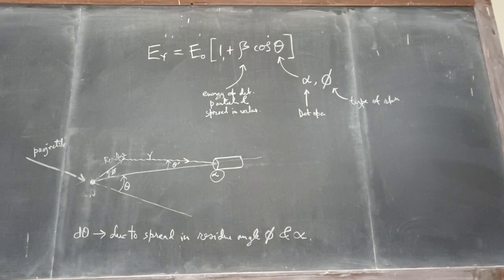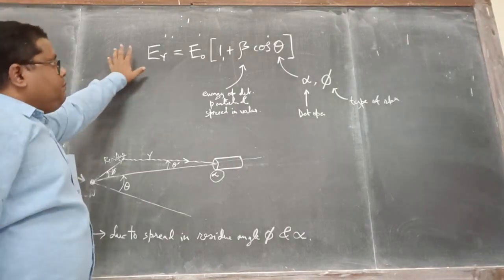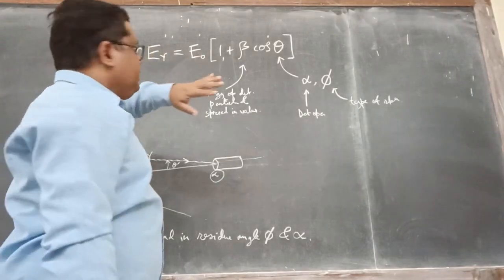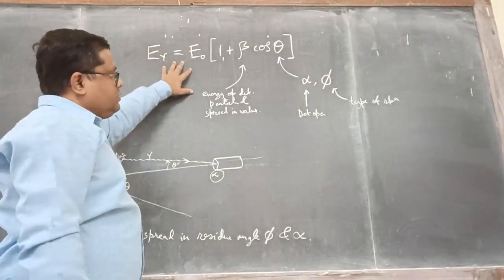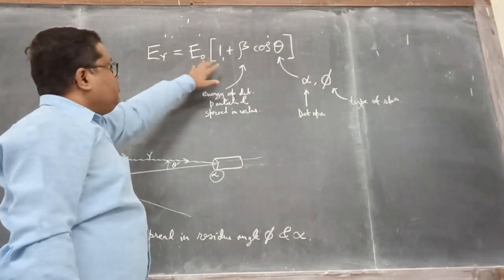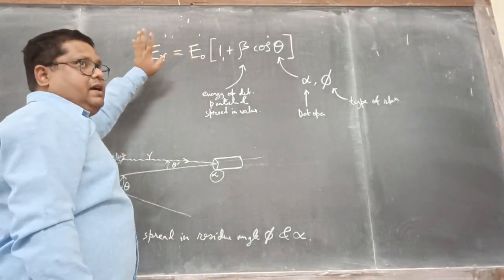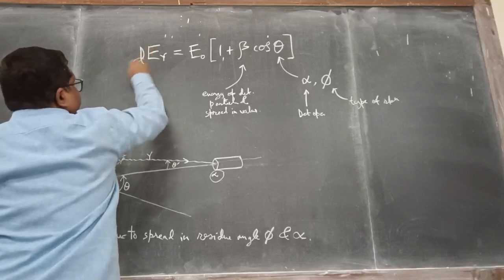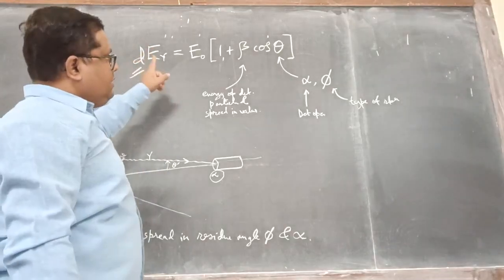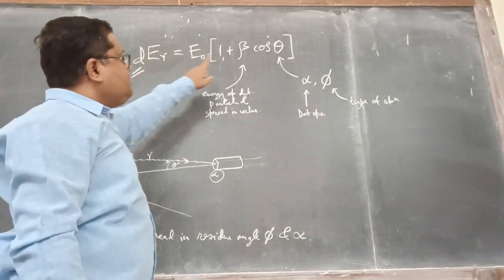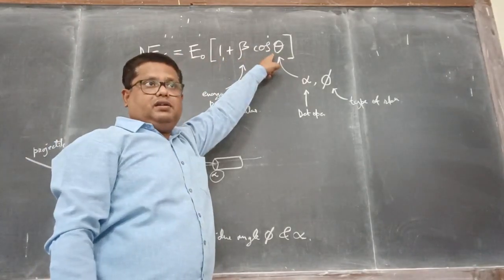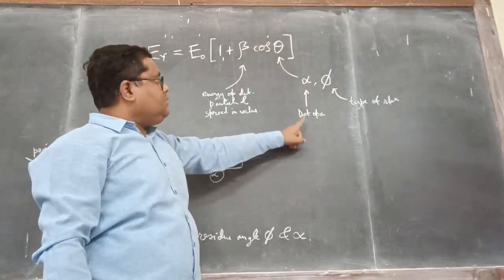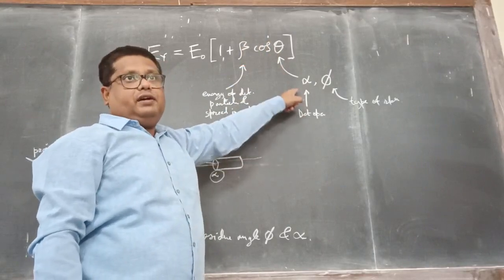See, Doppler broadening. This is the basic expression, non-relativistic, more or less, when beta is quite small. E gamma equals E0 times (1 plus beta cos theta), and we can talk about Doppler broadening when we have dE as a function of beta, right? At that time, this expression depends on, number one, theta, and number two, theta also involves the detector opening angle alpha.